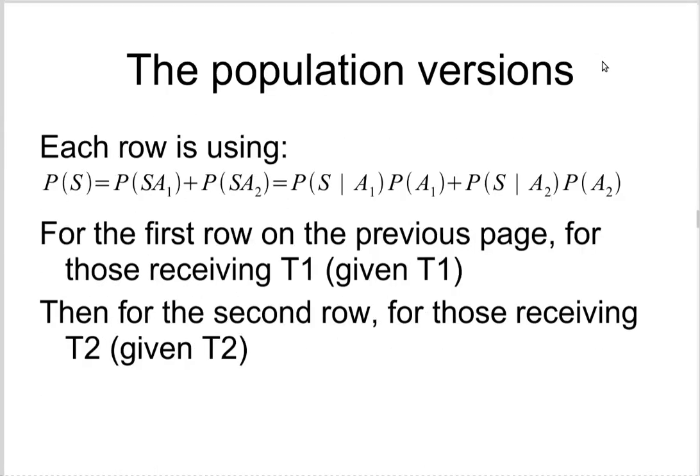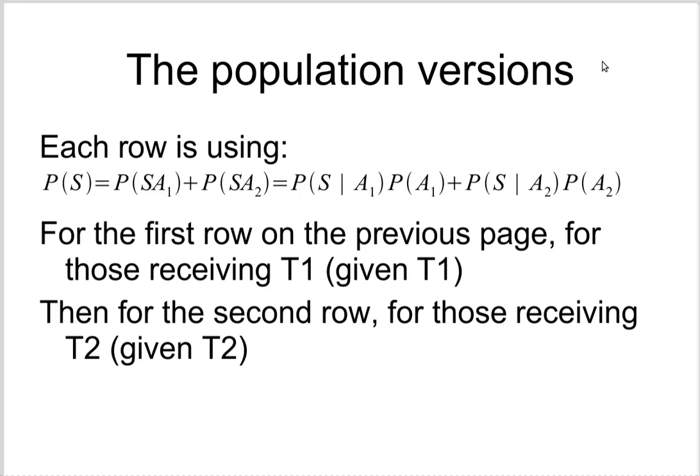Before we proceed, a little bit of the technical stuff. Here then is a summary of what we've been using. In each row there, we have a marginal probability being expressed as a sum of two joint probabilities. And then each of those joint probabilities is expressed as a conditional probability times a marginal probability.